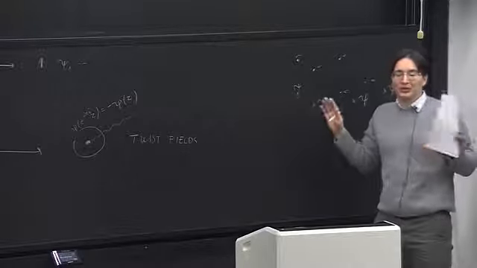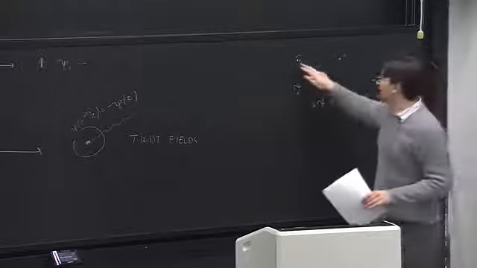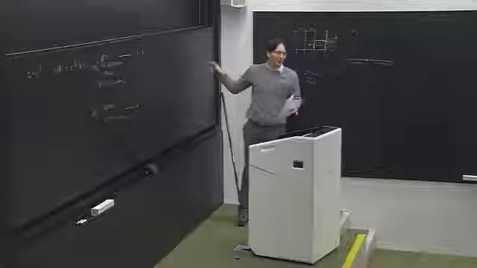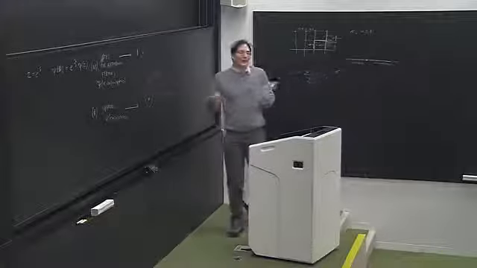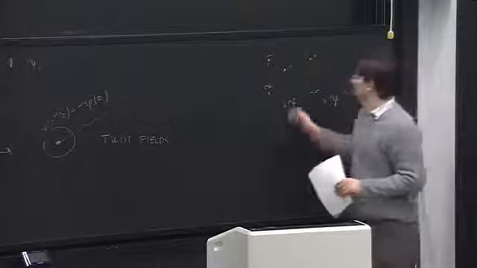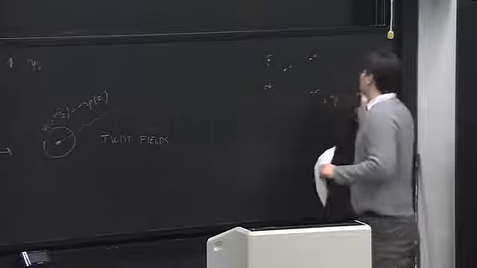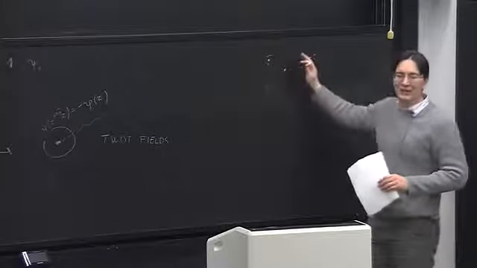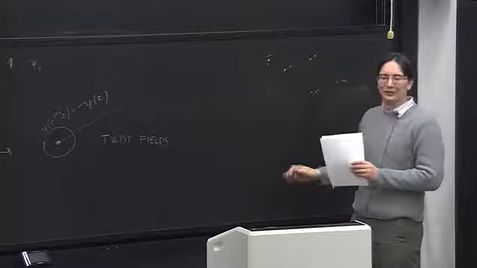I need to compute the 2-point function, the Green's function, in the presence of these twist operators, which might take some effort. But then I still have the problem of computing the correlation function after I've got rid of all the fermions.